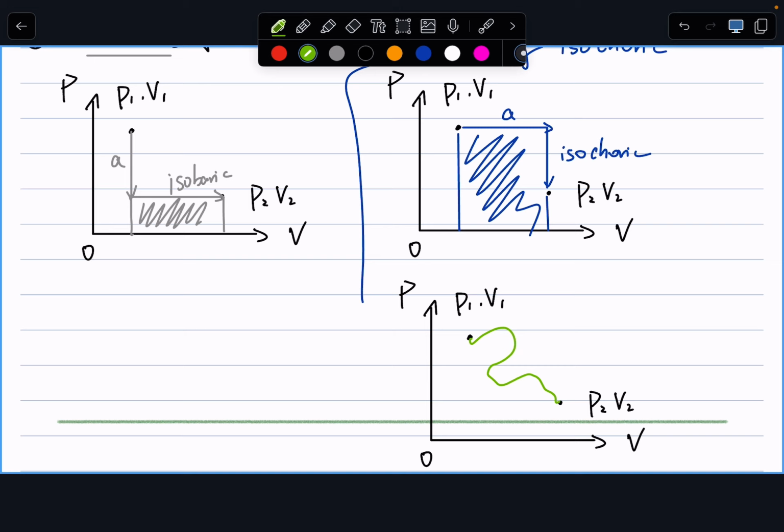We must define the path, and that is why work is called a line integral. It's path dependent. So in our next lecture, we'll look at another path-dependent property, which is heat. And then taking them together, we'll see how they work together to define new state functions in thermodynamics.